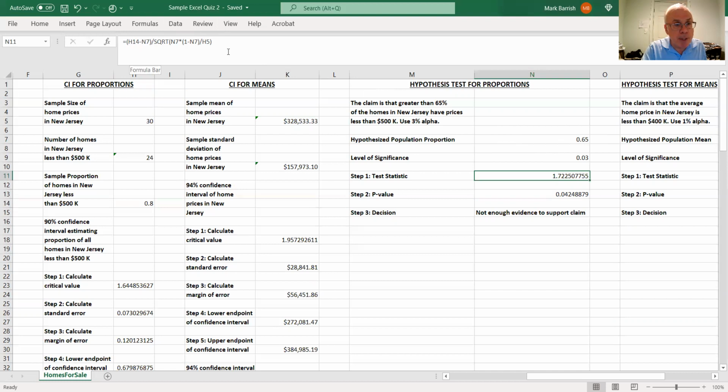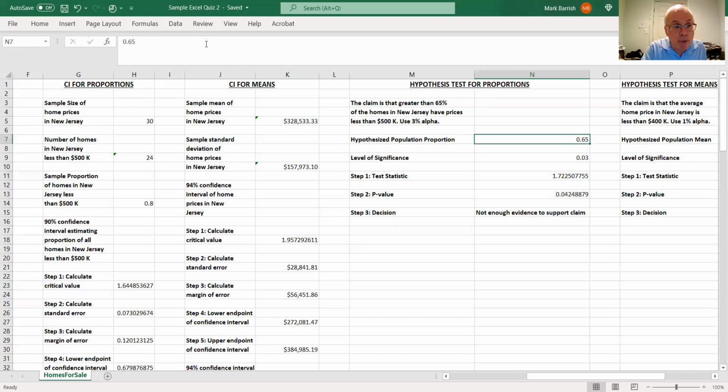Make sure it's in parentheses. And then the denominator is going to be the square root. Remember that? Inside the square root is the hypothesized proportion times 1 minus the hypothesized proportion, divided by the sample size, all inside that square root. And where's the hypothesized proportion? It's in N7.